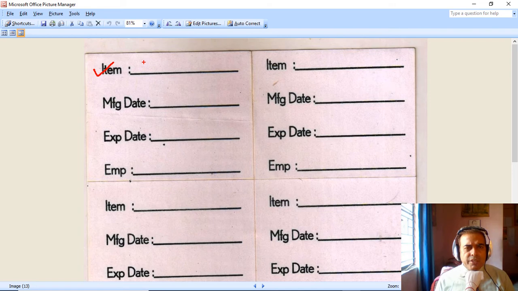Non-perishables are of course stationery, maybe linen to an extent, though I believe that linen, if it is not stored properly, would get damaged after some time. So this sticker normally I think would be pasted on the packaged items.